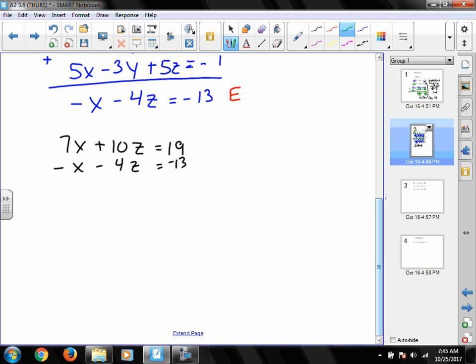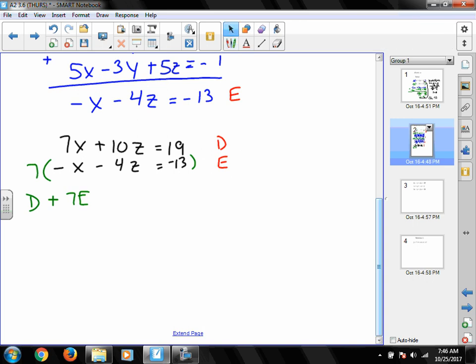I'll label these again just so we're on the same page. I'm going to take D, and it looks like it would be pretty easy to eliminate my x's. So I'm going to add that to 7 times equation E. Multiply that there.